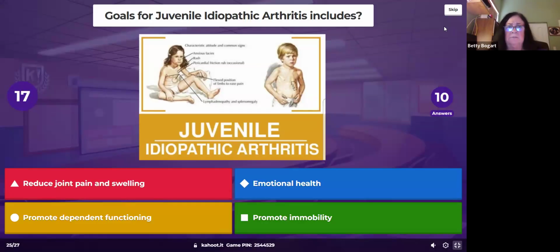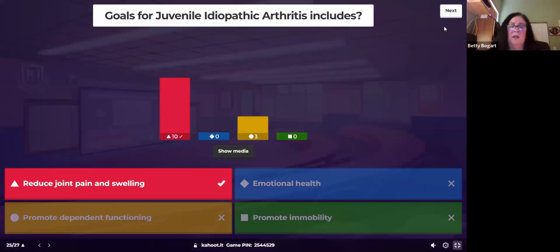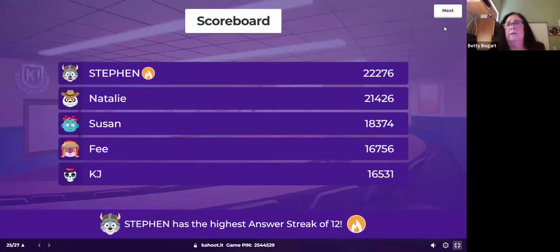So our goals, we just want to make sure that we reduce that joint pain and swelling. If you reduce that joint pain and swelling, that child will be up and moving better than it can, because it can get to the point where it hurts and they can't even move. So again, let's keep that pain down, the swelling down. Let a kid be a kid.